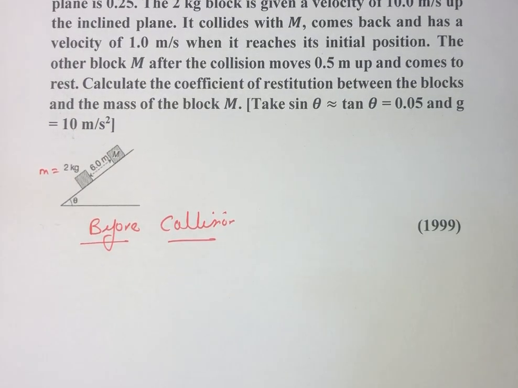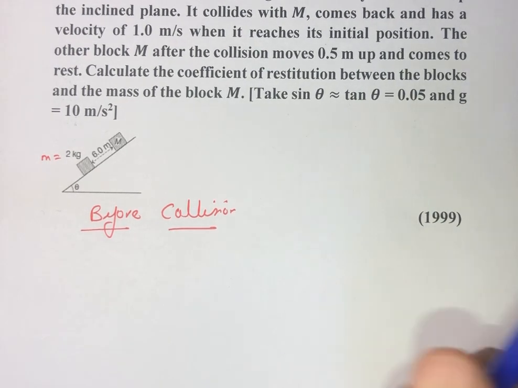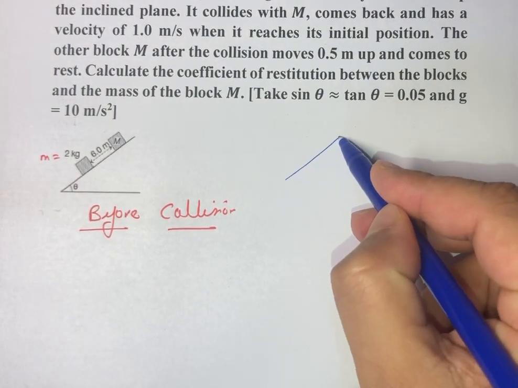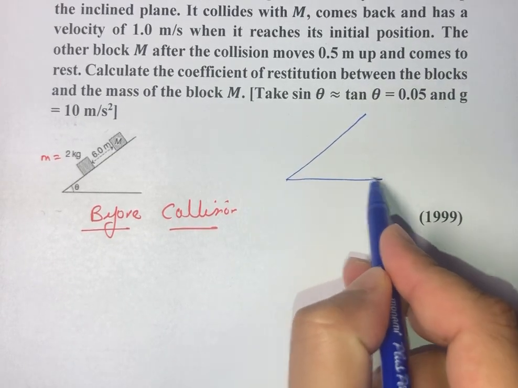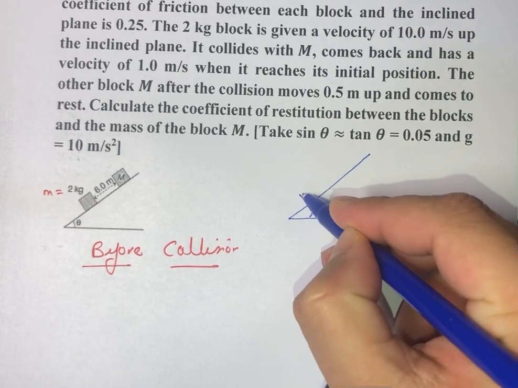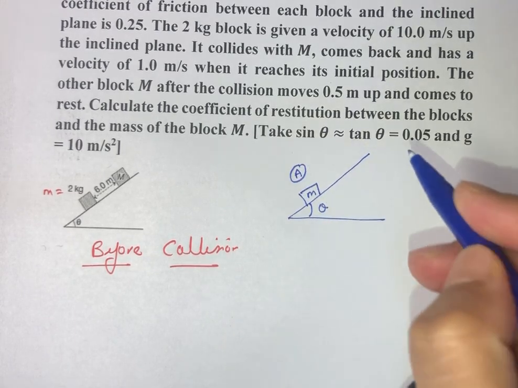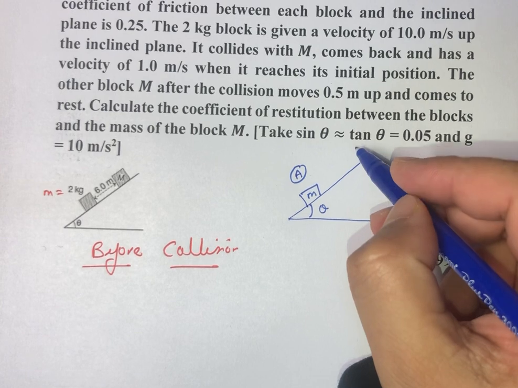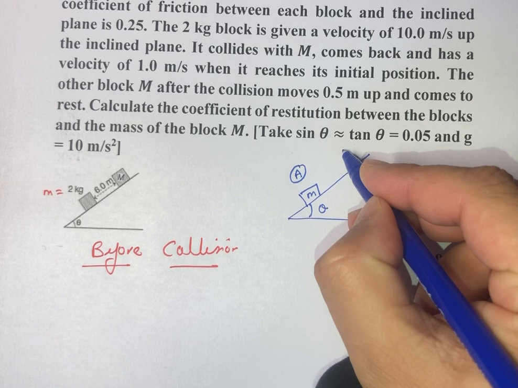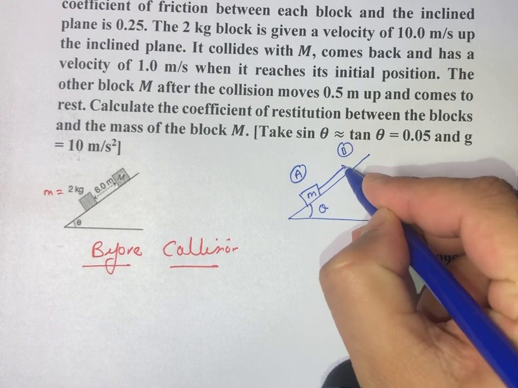So before collision, it is given that our mass m is on the incline at angle theta, and this is our mass M. Let us suppose its initial position is represented as A, and the position at which it is going to collide with capital M is represented by B. This distance is our 6 meters.